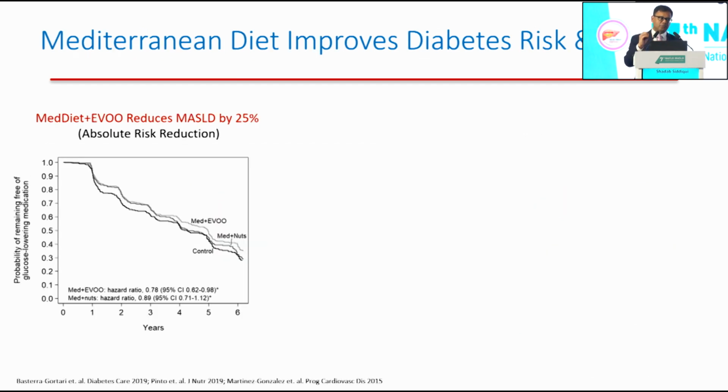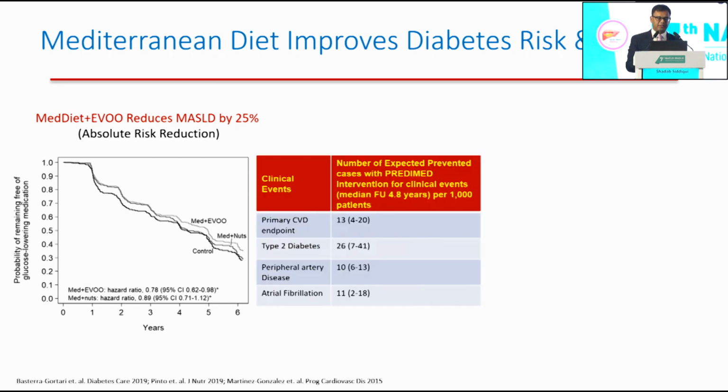But no talk would be complete without talking about metabolic effects of diet. And this is a study that shows diet has a huge impact. Patients who are put on a Mediterranean diet have a significant reduction in liver fat. And it also reduces the likelihood that they will have clinical cardiovascular disease.